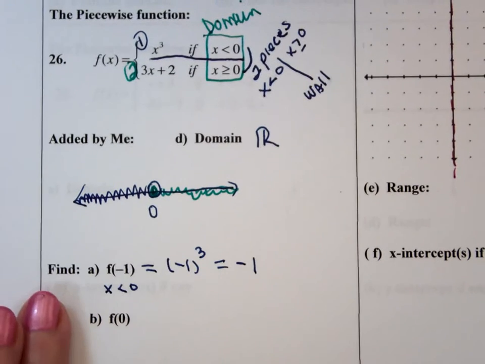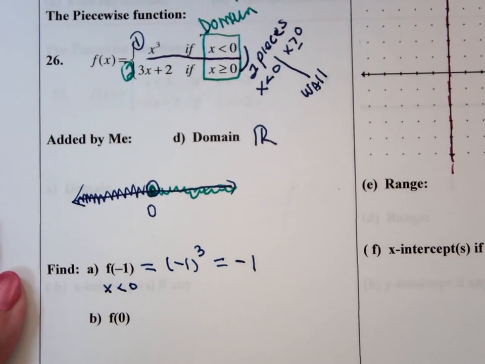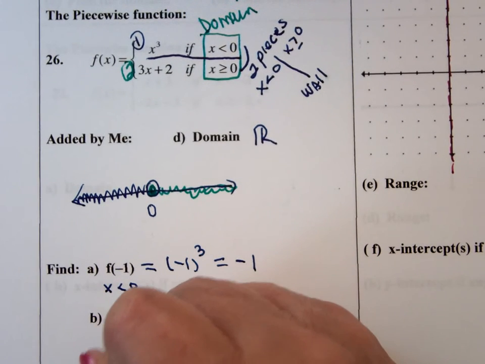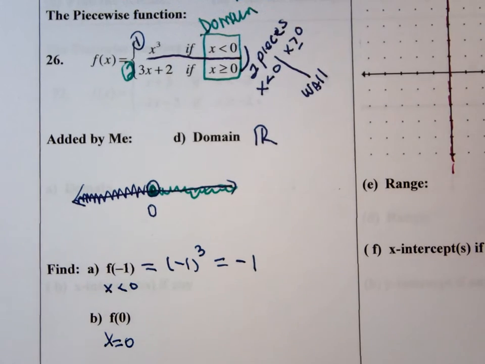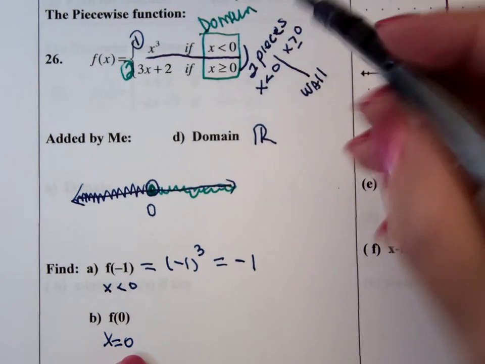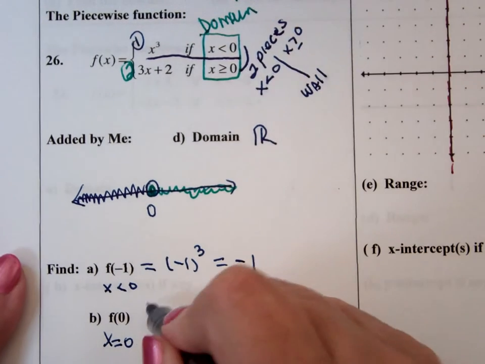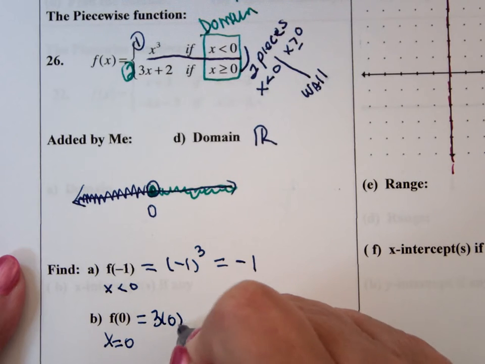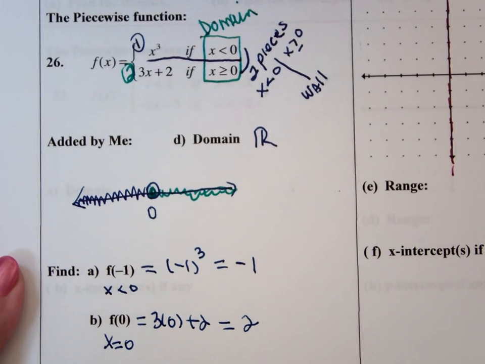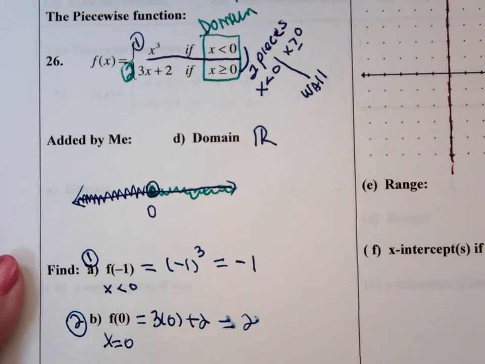F of 0 means x equals 0. Which graph would it be on? The 3x plus 2, because it's the one that includes 0, right? So this would be 3 times 0 plus 2, which is 2. So this one's on graph number 1, this one's on graph number 2.